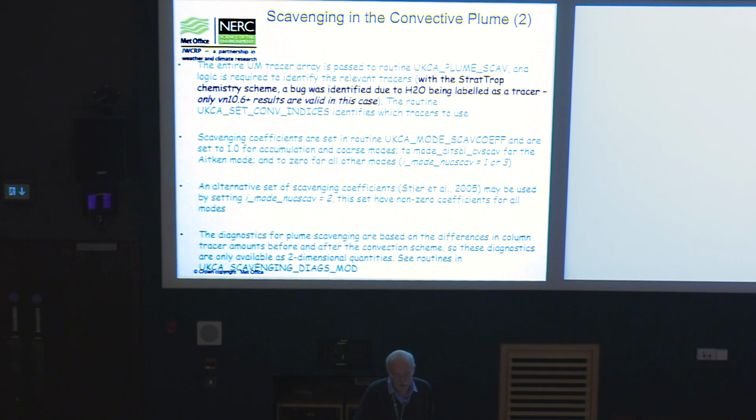So the entire tracer array is passed to the routine, and logic is required to identify the relevant tracers, which we did get wrong at first and corrected at 10.6. So I hope you're using up-to-date code.